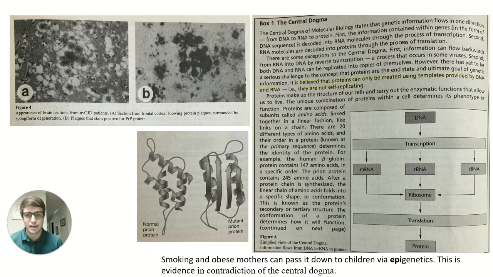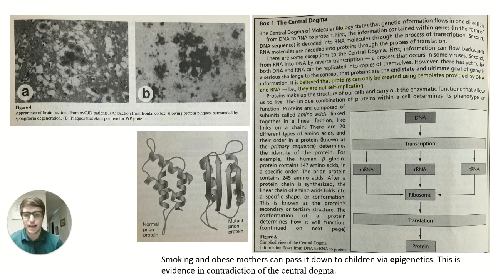But the interesting thing is that this mutant form of the prion protein could cause other normal prion proteins to also get misfolded and disorganized and form these plaques in the brain that would eventually form a sponge-like structure in the brain, causing all kinds of different behaviors to happen in that individual.